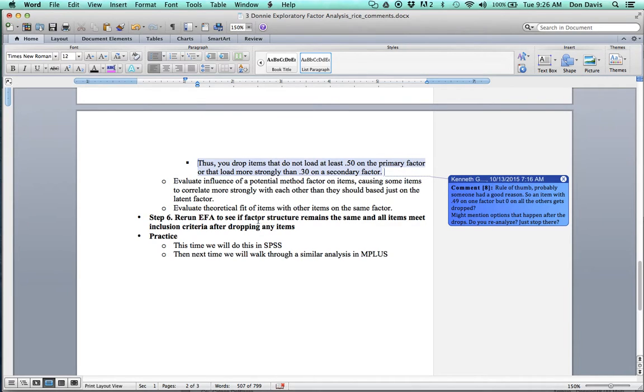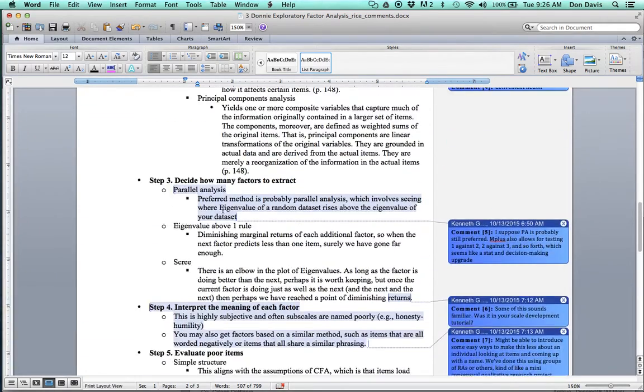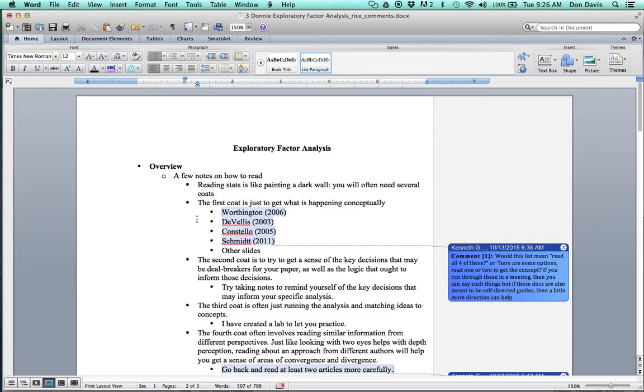So you want to make sure that when you rerun the EFA and refactor it, your results are stable. So that's an overview of EFA from what would be a study 1 in a scale development paper.